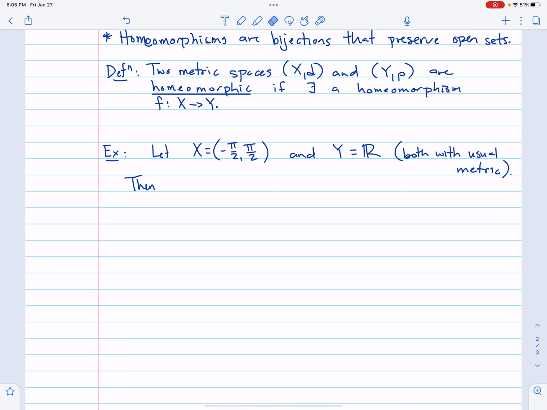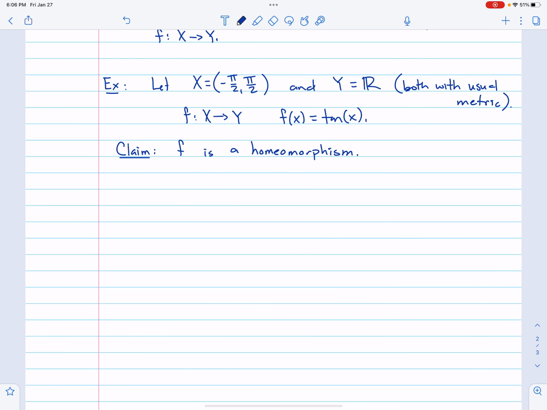So f is going to be a function from X to Y, and it's going to be given by f of x equals tan x. All right. So I claim this is a homeomorphism. Okay, and so to verify this, there are essentially three things we need to check.